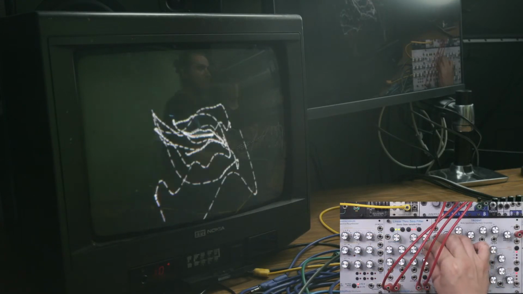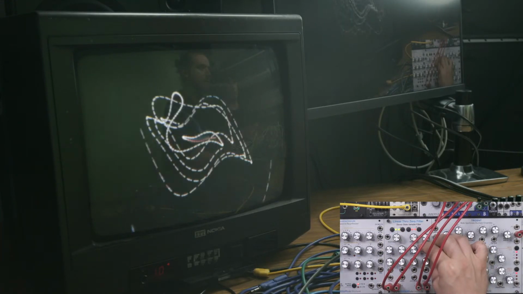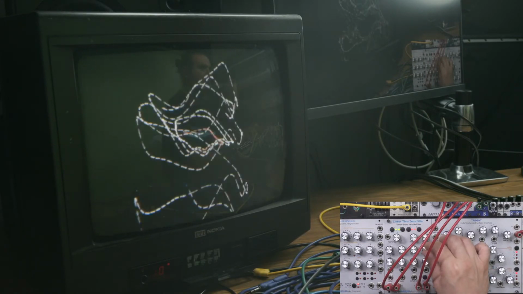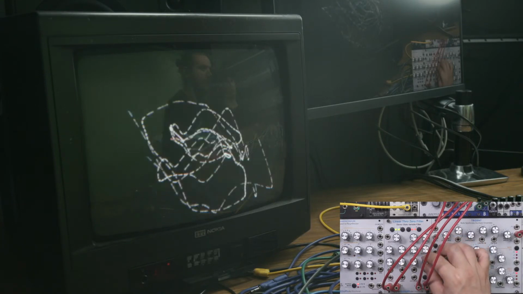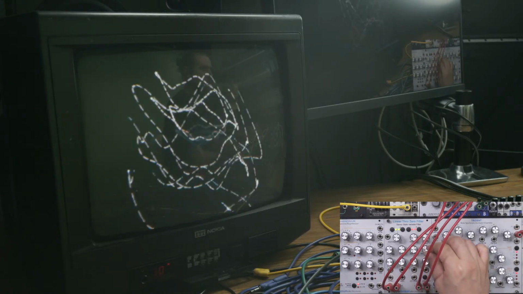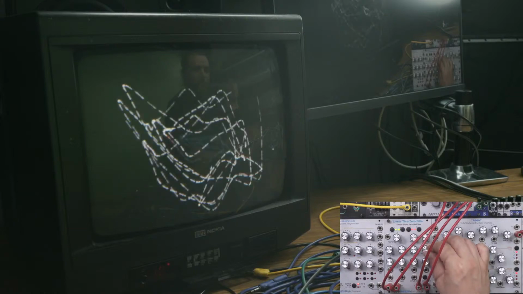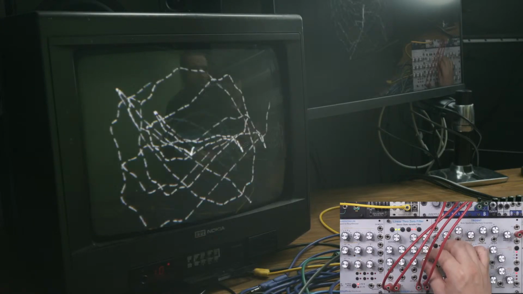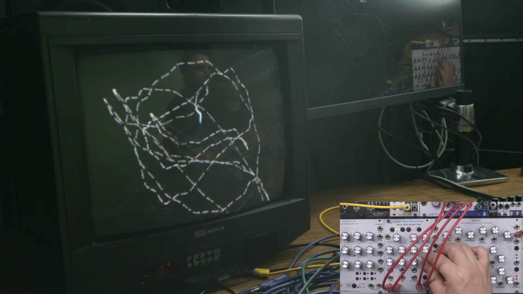I try to find a frequency and fine tune that works with this graphic. This is way too low. I think I'm finding it. So you could use it as a tuner as well. Yeah, actually, it's more precise than the tuners I've seen.